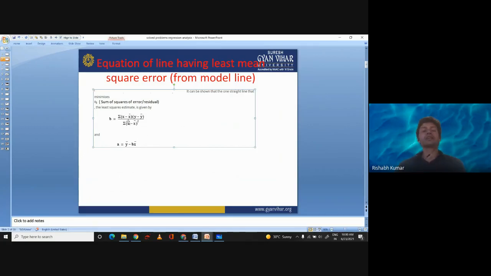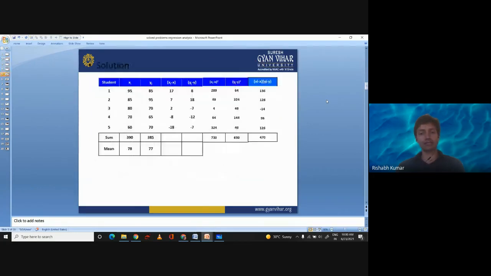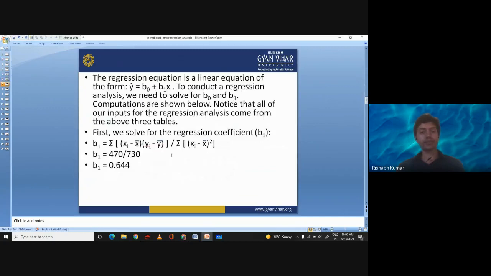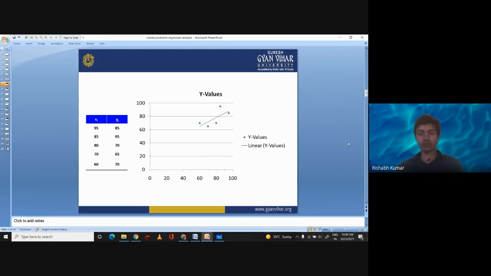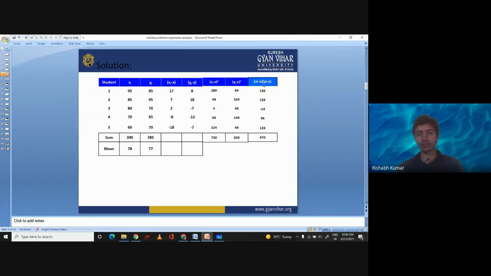So we will employ this formula, substitute the values and find out the slope of the regression line or the line of best fit. The formula is sigma x minus x bar multiplied by y minus y bar, divided by sigma x minus x bar square. For the numerator term, x minus x bar multiplied by y minus y bar, the summation of this column is 470, right?